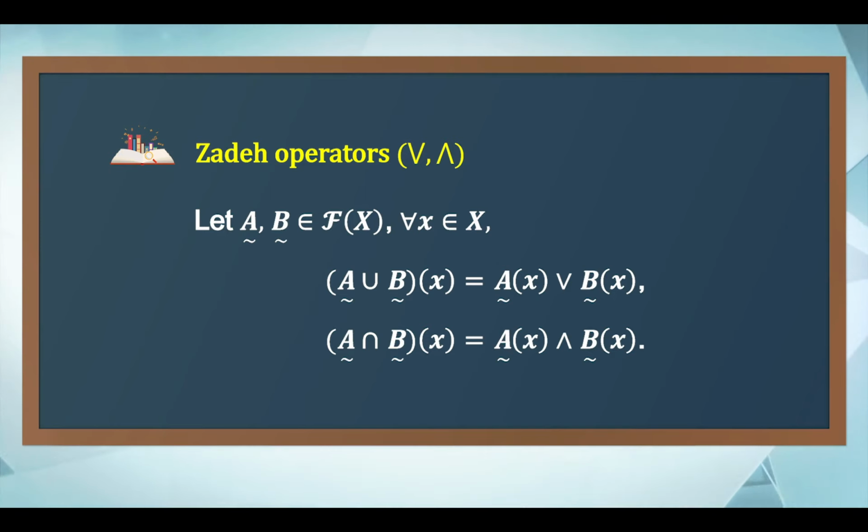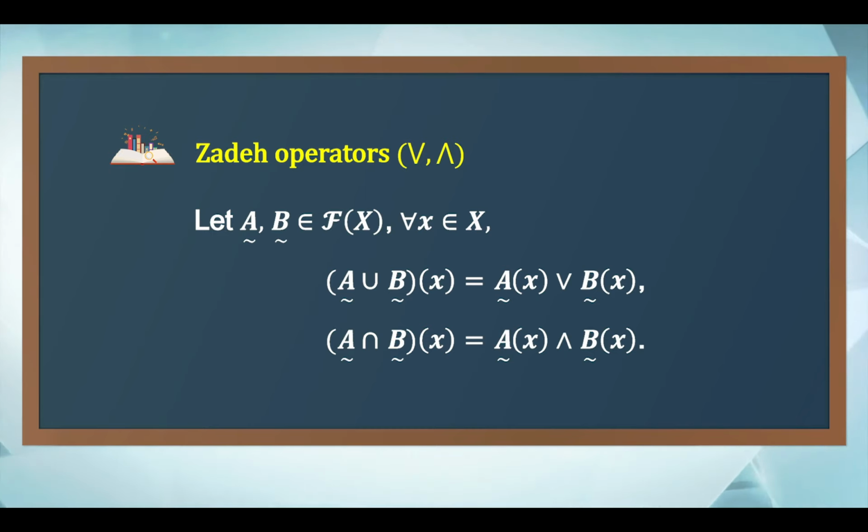But if we choose a different operator, it may have certain reflection on the result. Different operators are proposed in the definitions of different generalized unions and generalized intersections. These binary operators on the closed interval from 0 to 1 are collectively called fuzzy operators.